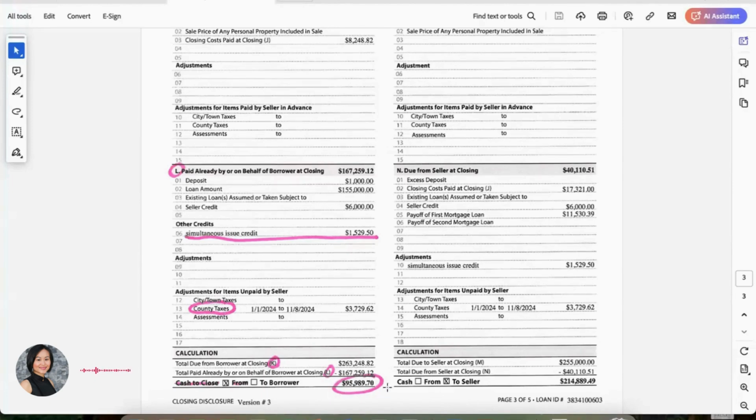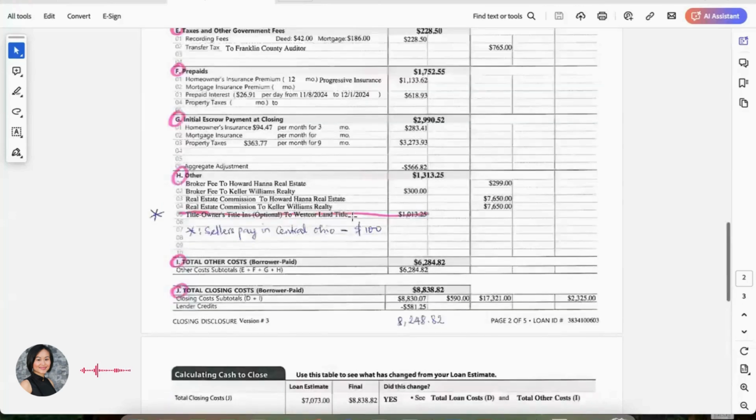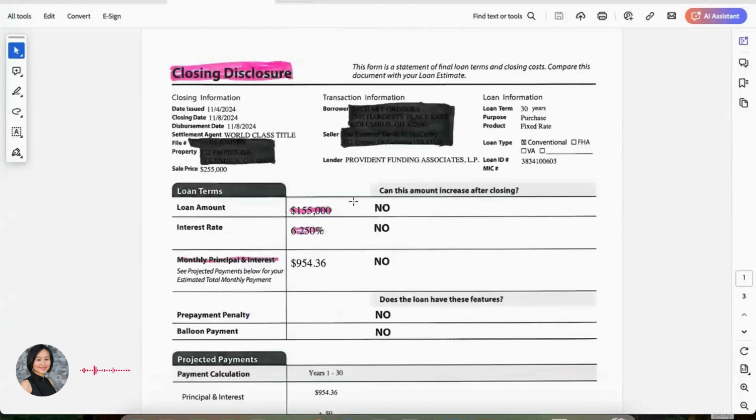Okay, scams are real out there, so make sure you double check before you wire the money. But anyway, this is the money needed at the closing date.